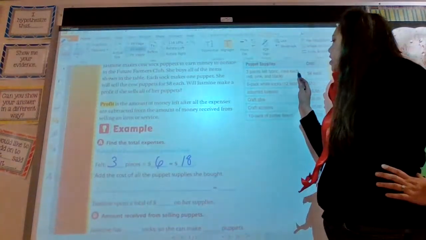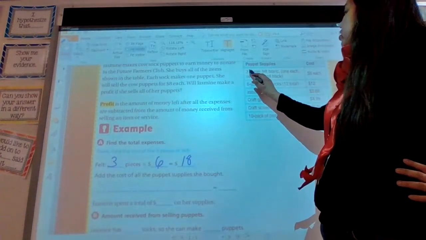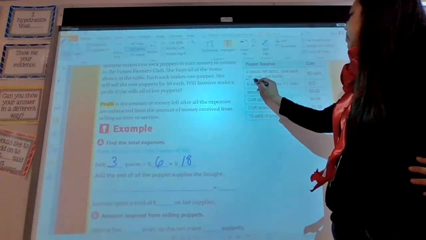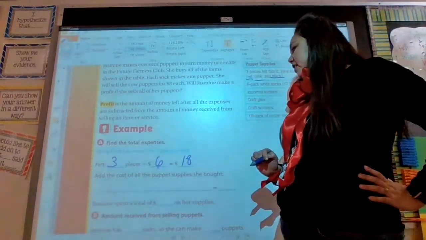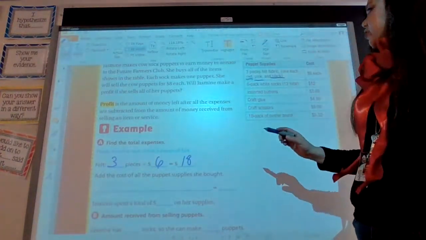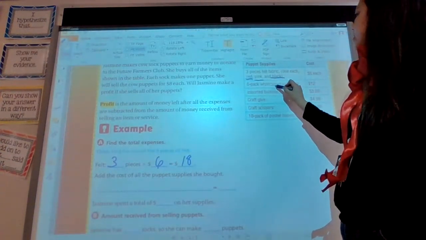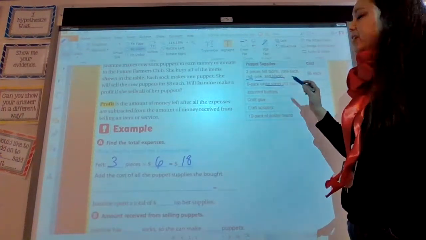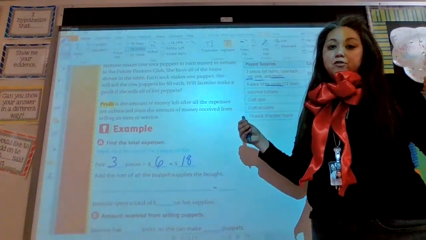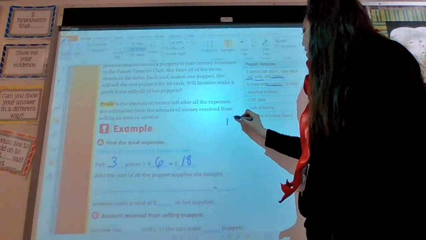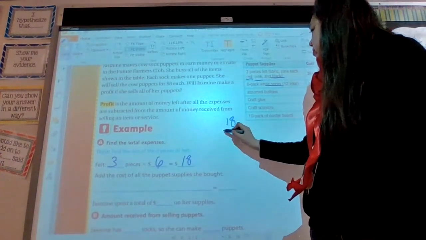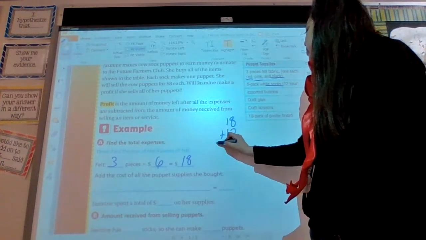To buy the felt, we're going to spend $18 because she has to buy 3 of them: a red one, a pink one, and a black one. Add the cost of all the puppet supplies that she bought. She then bought white socks. There's a total of 12 because when you take the pairs apart, that gives you 2 puppets. So she's paid $12 for that. So we're going to take the $18 plus 12.